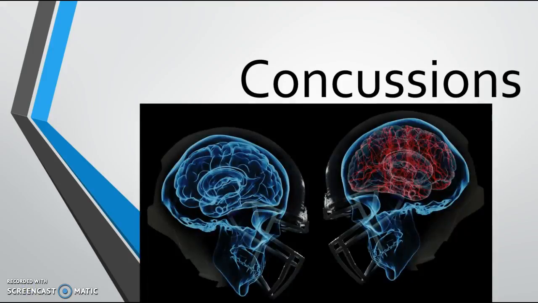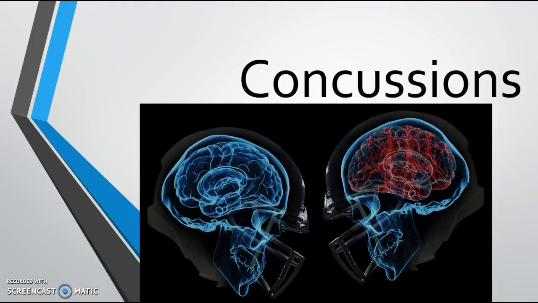You reach out to grab the ball, and when you catch it, you immediately turn, and while you're turning, a defensive back hits you right in the head with their helmet. This is a prime scenario for a concussion to occur.